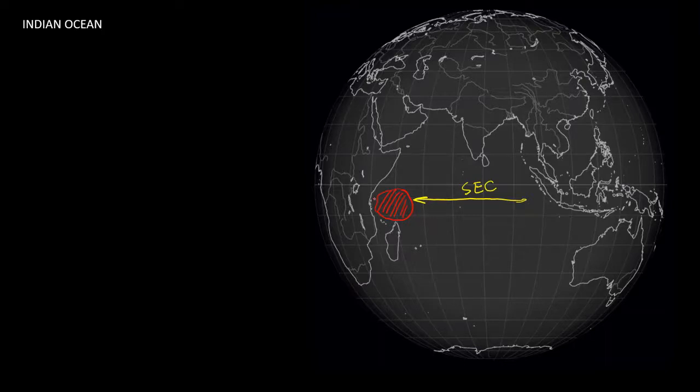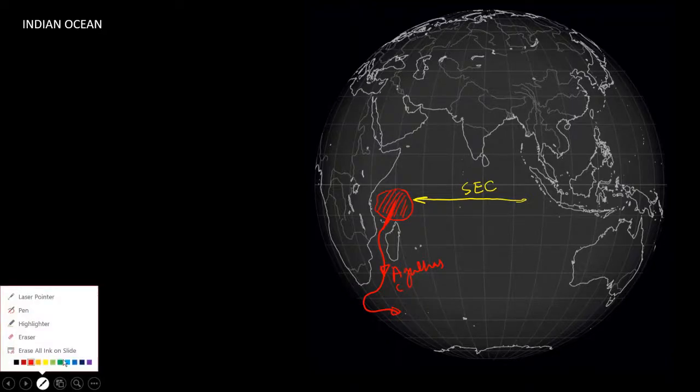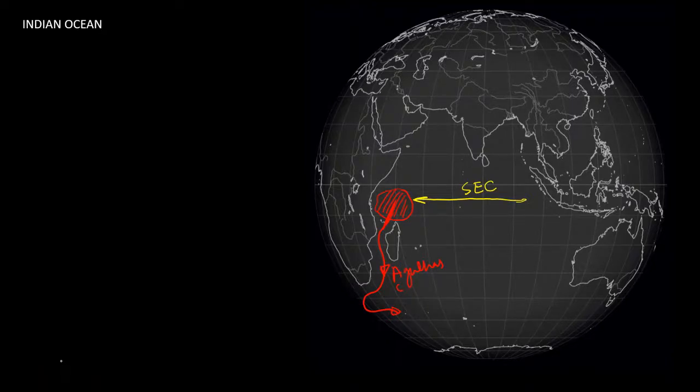So this water gives rise to a warm current this way. This current is known as the Agulhas Current. And if you remember, previously we saw the Antarctic Circumpolar Current, which was going this way.